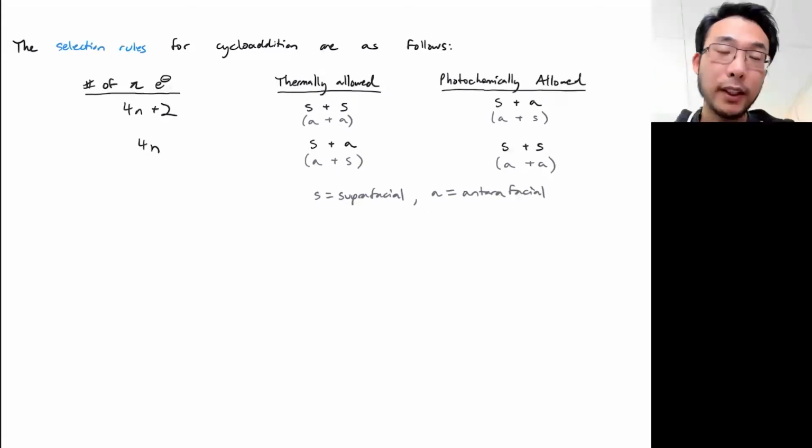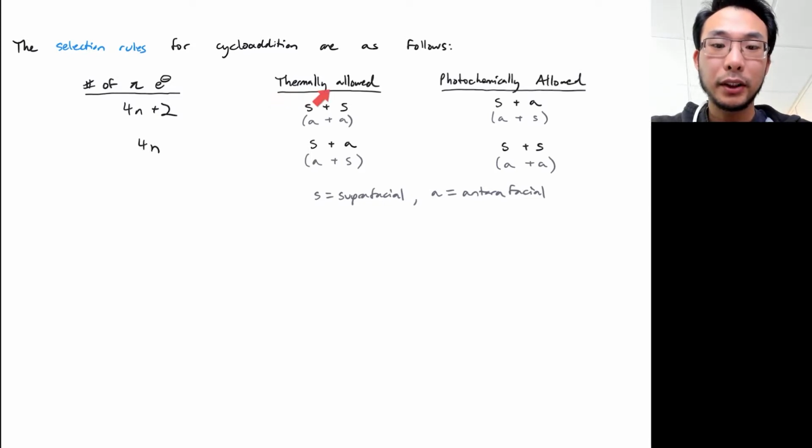Of those possibilities, you are either going to have what is called a thermally allowed process or a photochemically allowed process. And this is all very weird, but basically, under thermal conditions, if we have 4n plus 2 electrons, so for example 6 electrons, then our reactions that are going to be thermally allowed are the suprafacial plus suprafacial reaction.